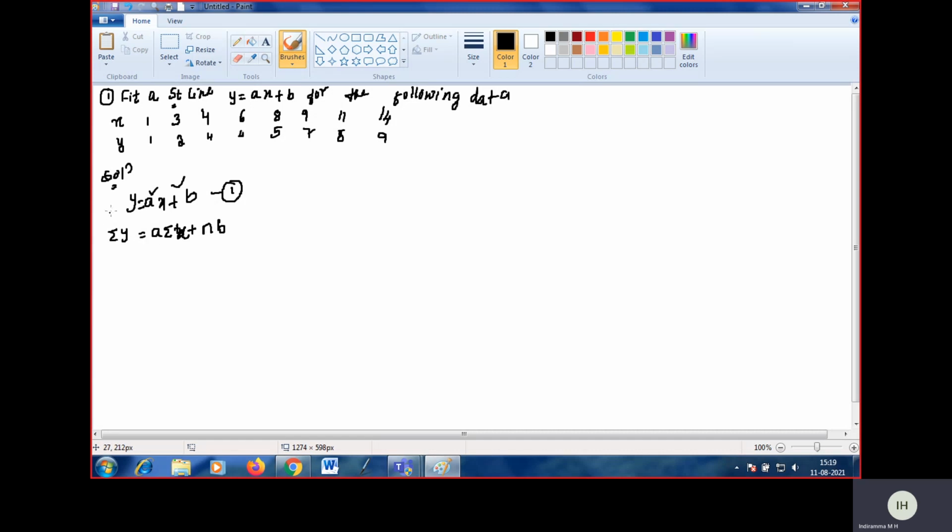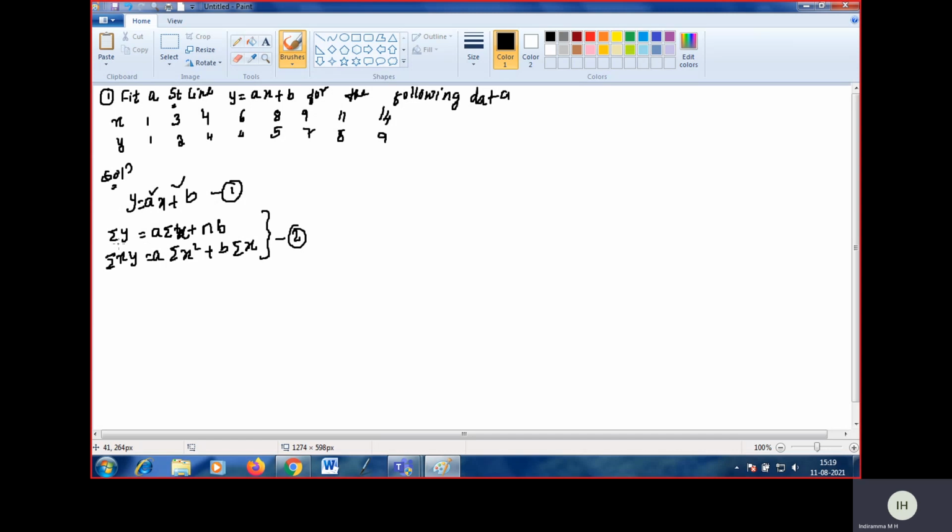The second normal equation is obtained by first multiplying the first equation by x, then taking the summation. So summation of x into y is equal to a into summation of x square plus b, taking the constant outside, summation of x. These two equations are called normal equations.